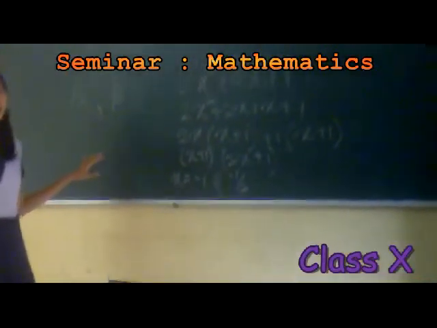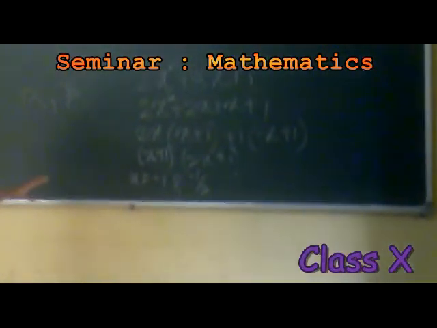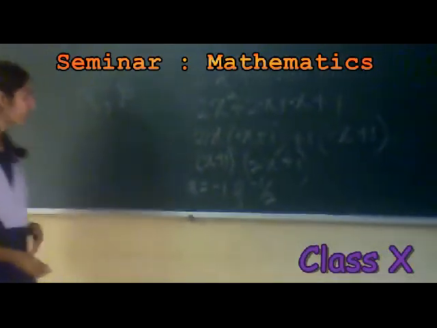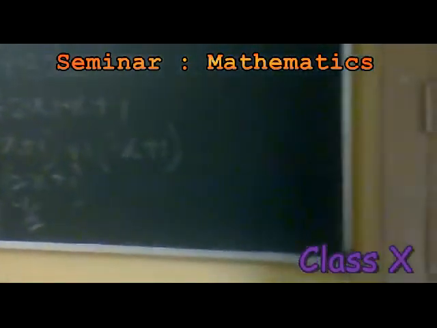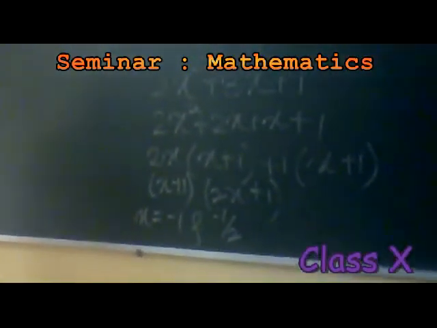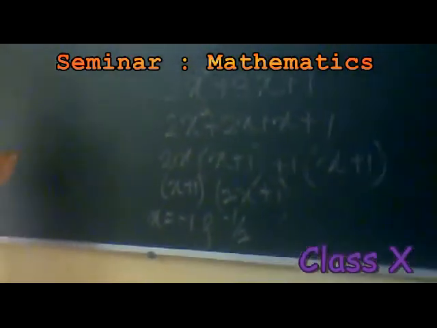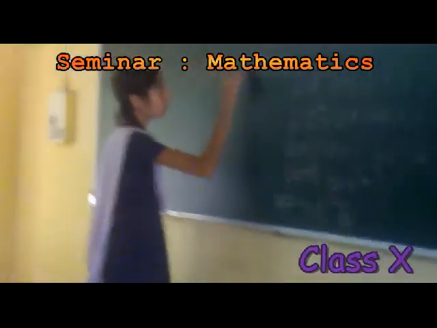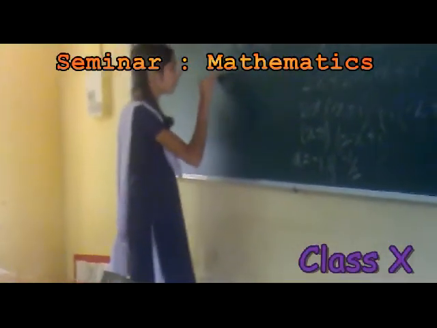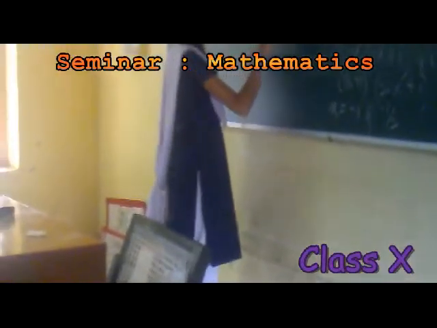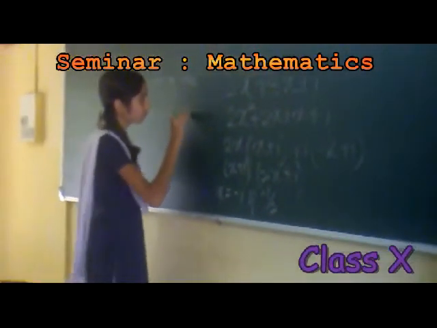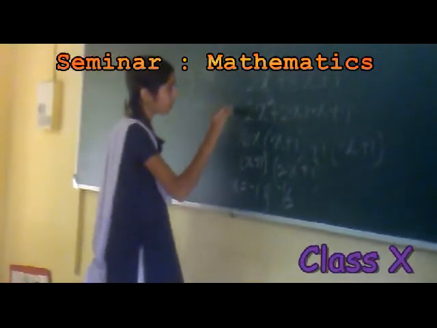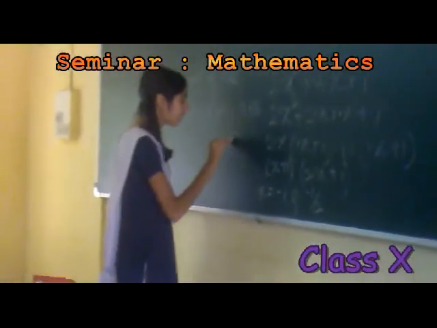Now we have to look at the relation between the coefficients and the zeros of the polynomial. The sum of the zeros of a polynomial is alpha plus beta, that is minus b by a.